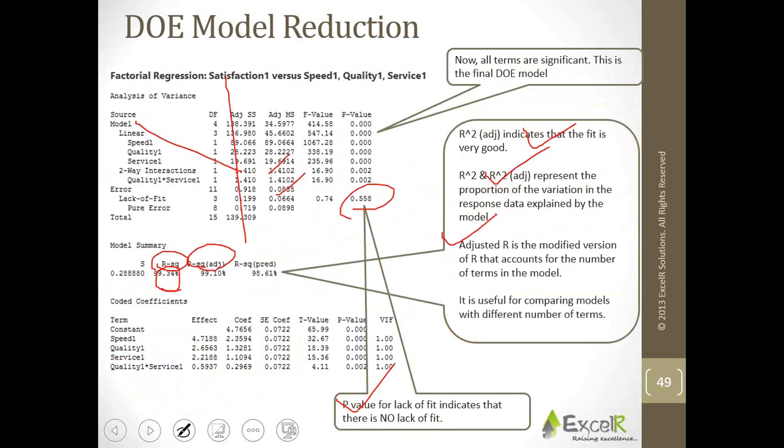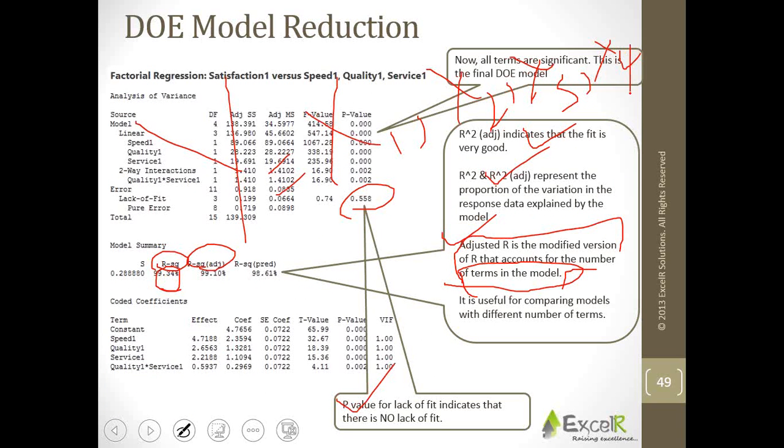Now this adjusted R-squared is a modified version of R-squared that accounts for the number of terms in the model. For example, as you increase the number of x's, x1, x2, x3, x4, and so on, the interaction among these variables, like x1 and x2, x2 and x3, x3 and x4, x4 and x2, is not explained by R-squared alone.